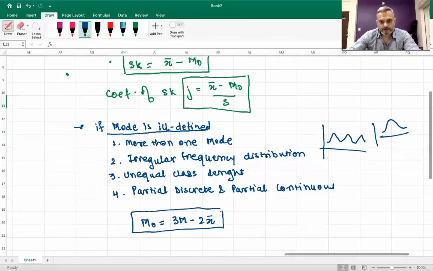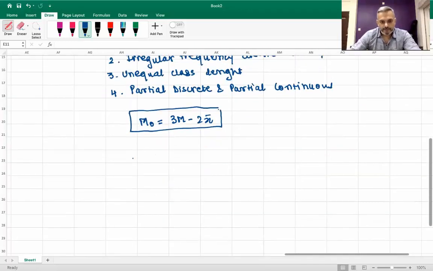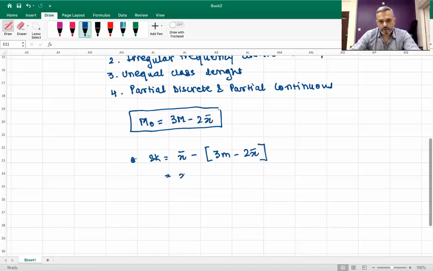Now we substitute this over here or over here, and let's see what happens. So skewness is equal to x bar minus, what is mode now? 3M minus 2x bar, which is equal to x bar minus 3M plus 2x bar, which is equal to 3x bar minus 3M, which is equal to 3 in the bracket.